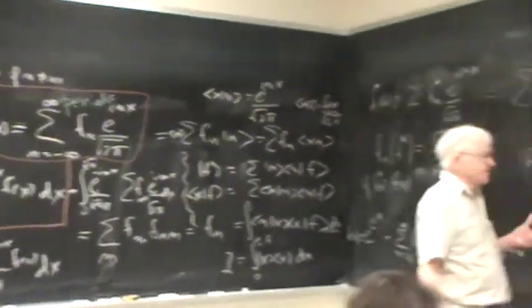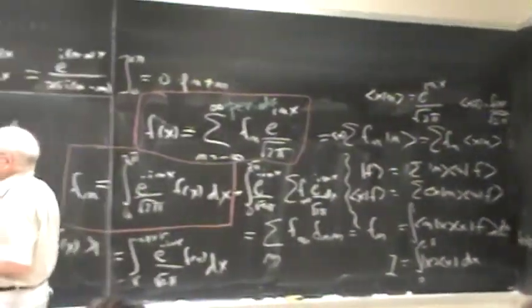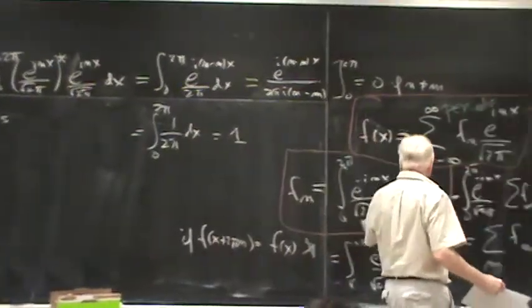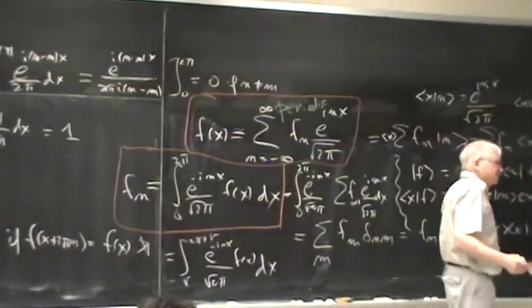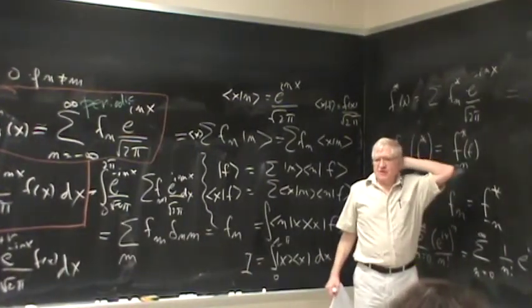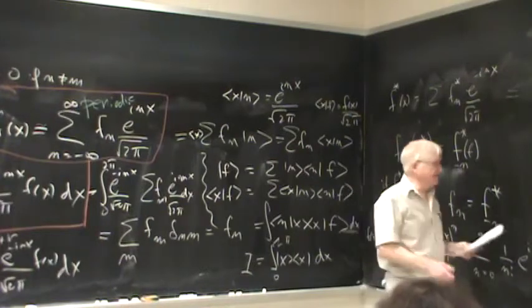Okay, the other question is these 2 pi's. Here we've got square root of 2 pi, square root of 2 pi, over here, square root of 2 pi. It gets tedious after a while to write square root of 2 pi. So sometimes people do this.